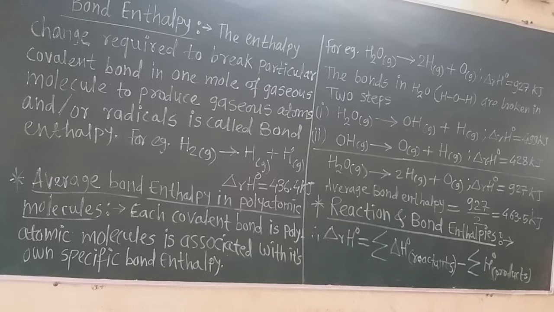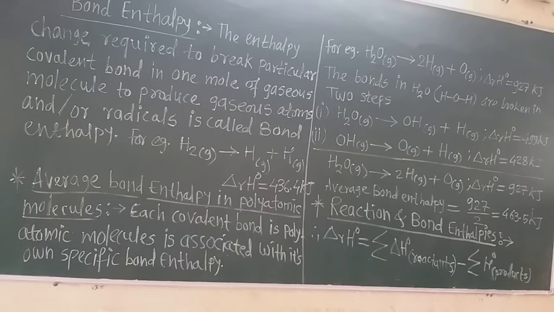If more than one covalent bond is present, it may be 2, 3 or 4, as in methane there are 4 C-H bonds. In molecules in which more than 2 atoms form the molecule, we have to calculate the average bond enthalpy.